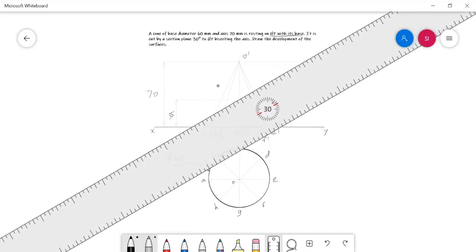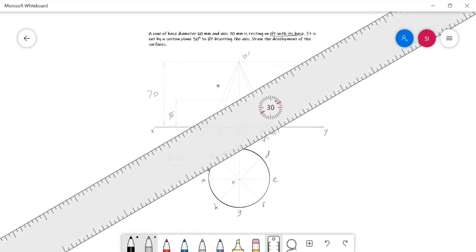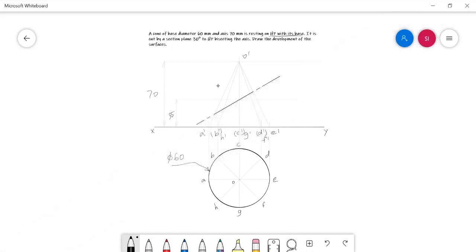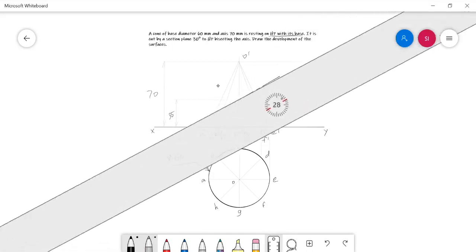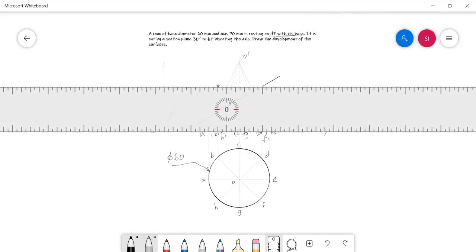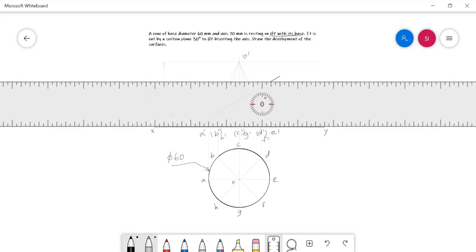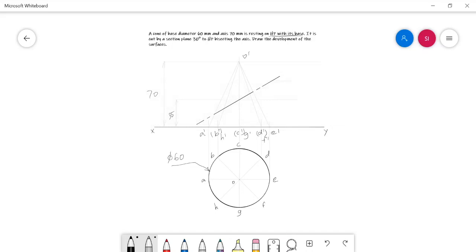This 30-degree inclined cutting plane is going to cut the solid at the midpoint of the axis, and with the proper format we need to draw the cutting plane. The cutting plane inclination can be noted here.